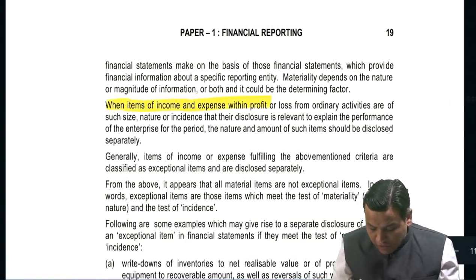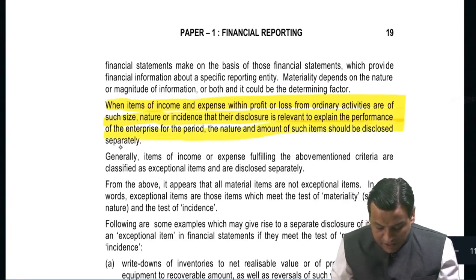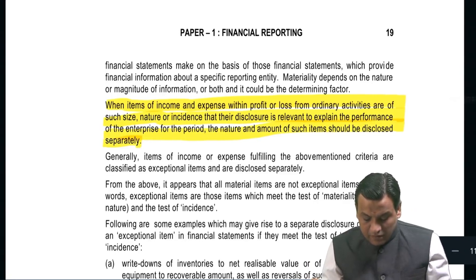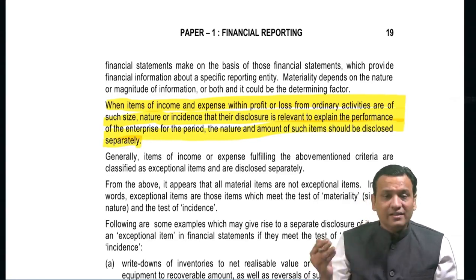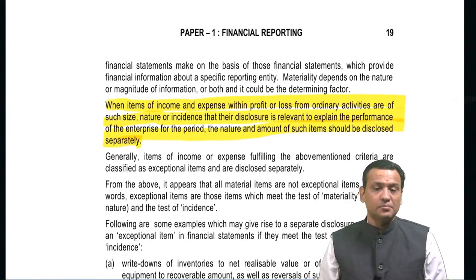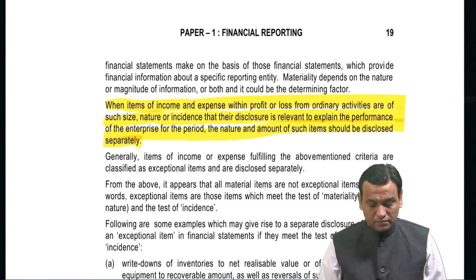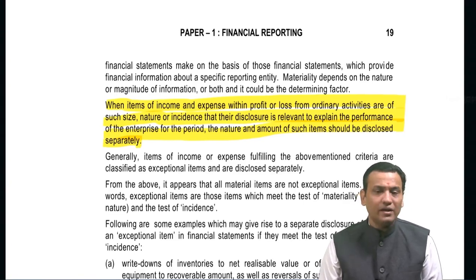When an item of income or expense within profit or loss is of such size, nature or incidence that its disclosure is relevant to explain the performance of the entity, then such items should be disclosed separately. Generally, items of income or expense fulfilling the above-mentioned criteria are classified as exceptional items and are disclosed separately. Now, all material items are not exceptional items.